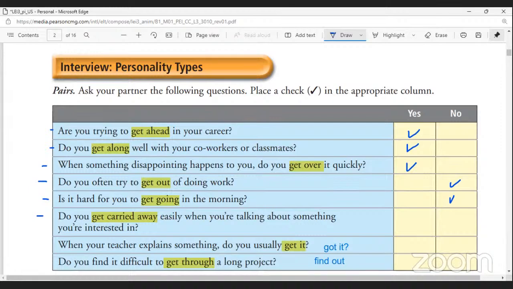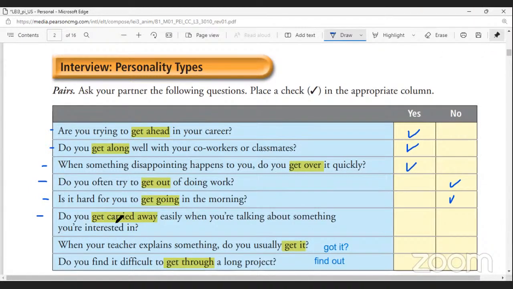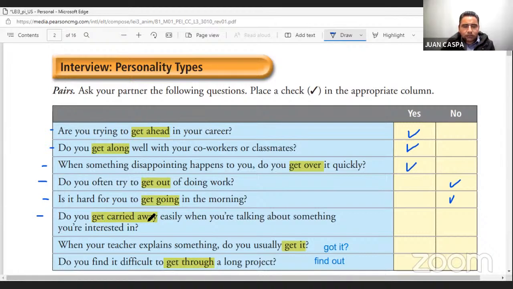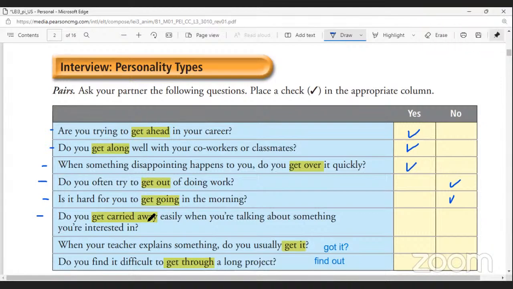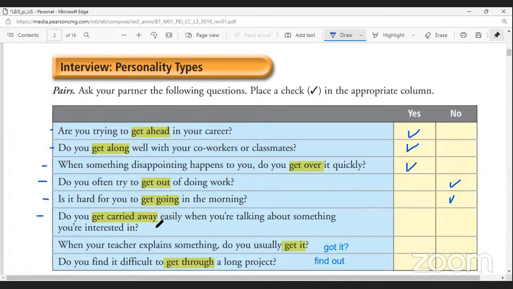What's the meaning? Yes, get carried away. Yeah, get carried away is like continuar. Okay. But I have a question, teacher. Why is it in class?